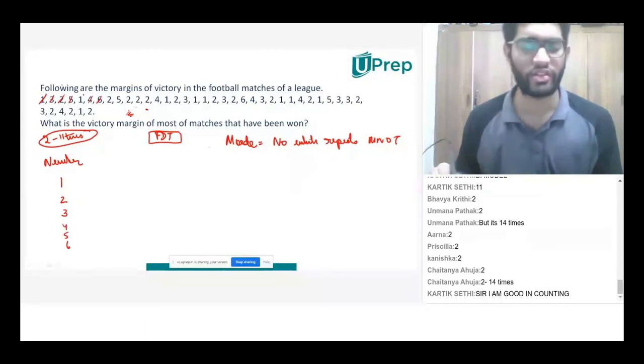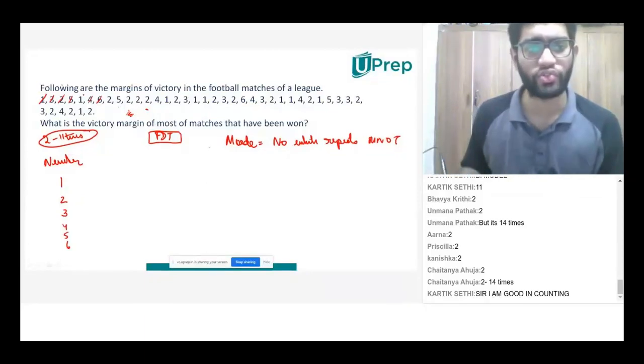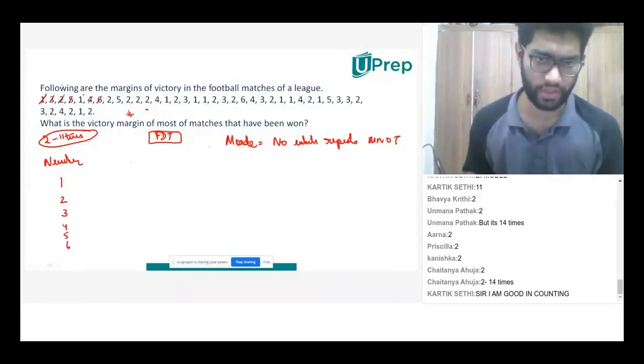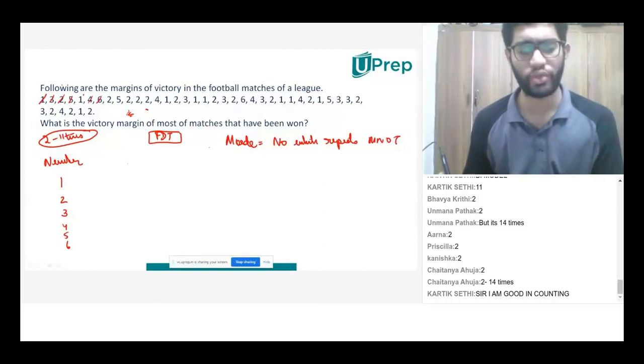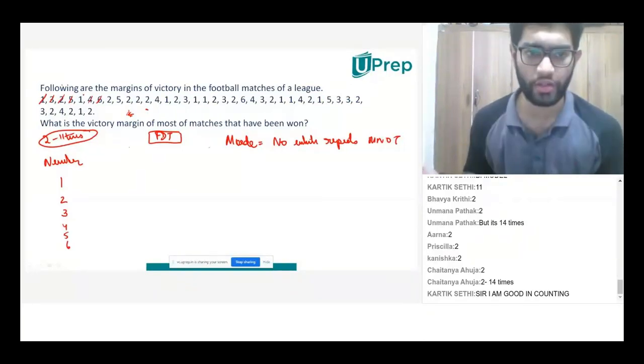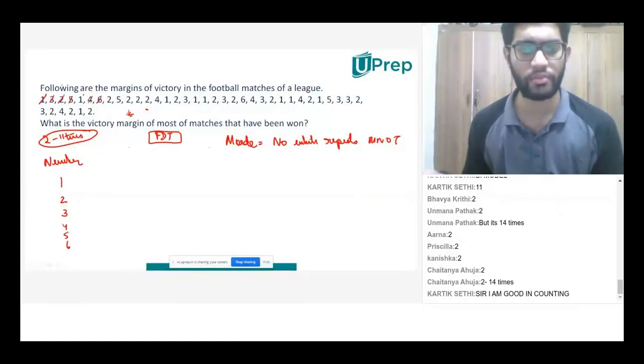Yeah, it's up to you. That's the reason the FDT is for clarity. When there are so many observations, it's better you put down a frequency distribution table. If you're good at counting, you can do it simply. You wanted to do averages, mean, median, mode with formula, but we're doing it without a formula, just logically. It doesn't matter. It's up to you what makes you comfortable.